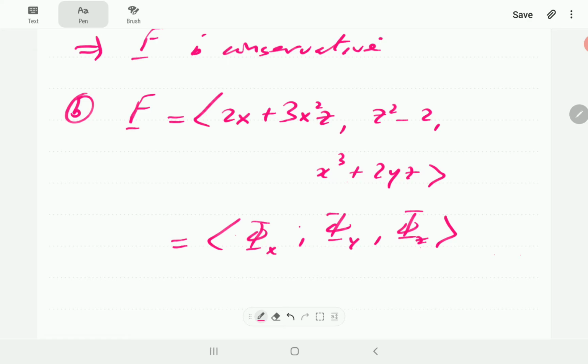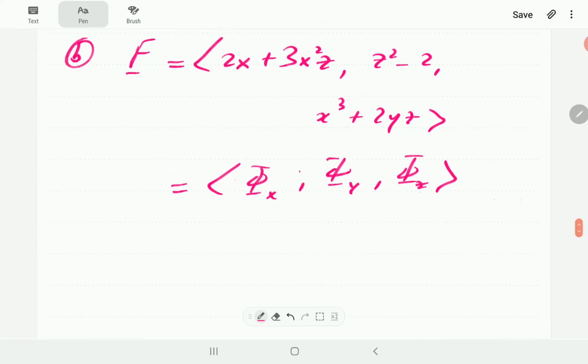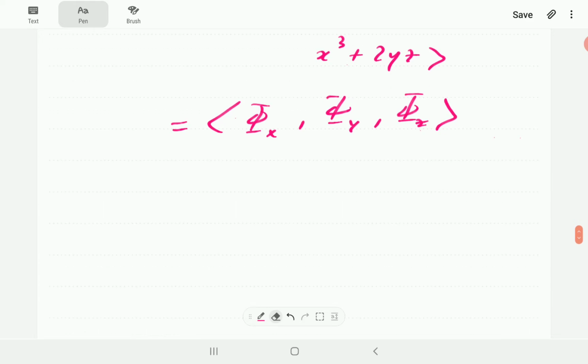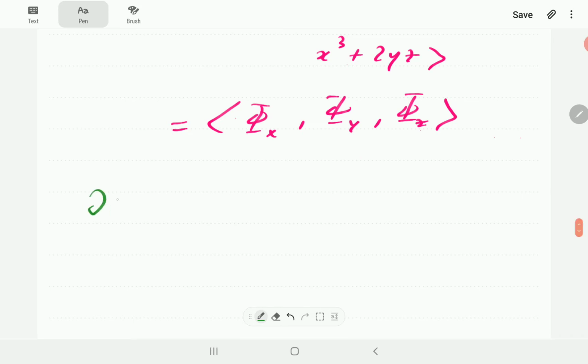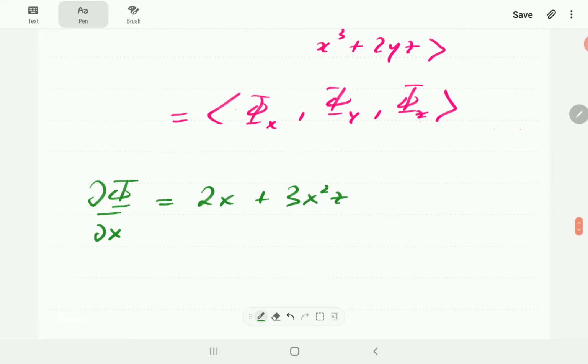So the way we're going to find phi is by solving this step by step, or if I can use the term, iteratively. So we're going to start with the x component and find phi. The x component is telling us that partial phi, partial x is equal to 2x plus 3x squared z.